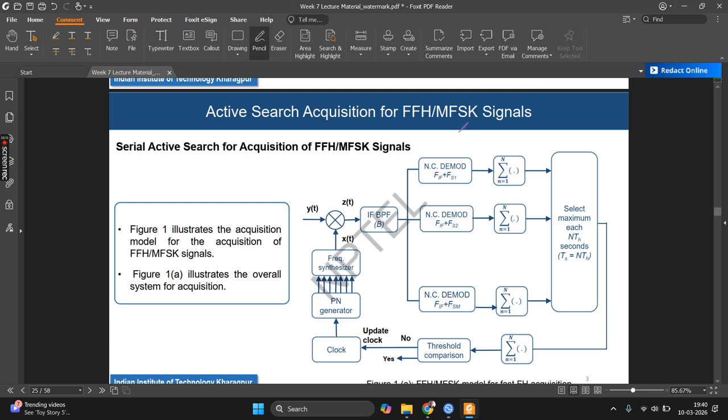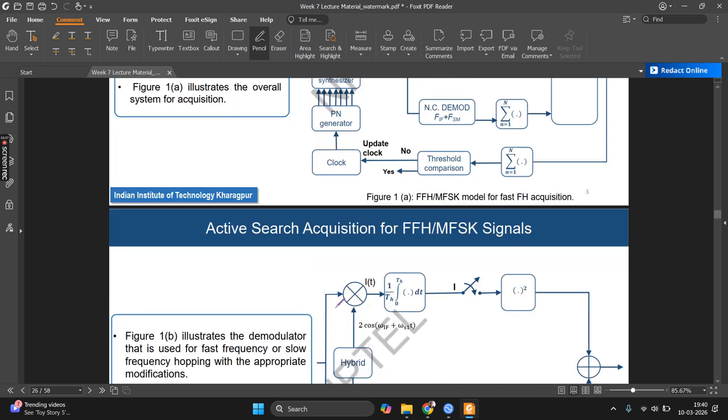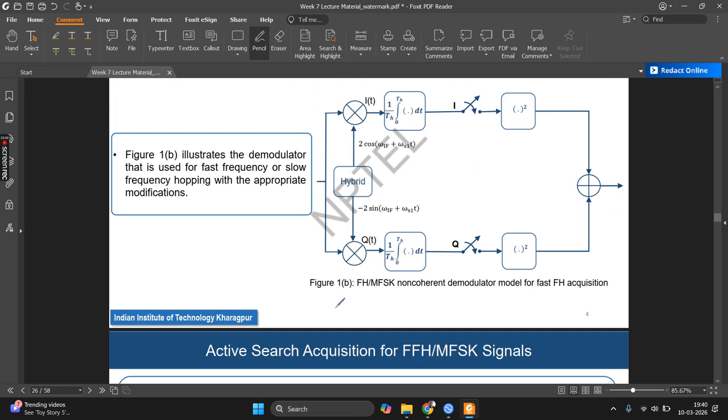Basically you pass it through a demodulator, accumulate, and then you select the maximum and compare with the threshold. If it is yes then good; if not, then you continue PN generation. You may generate the next PN sequence and check. So you are continuously checking the various PN sequences against the one that is actually incoming till you get a match.